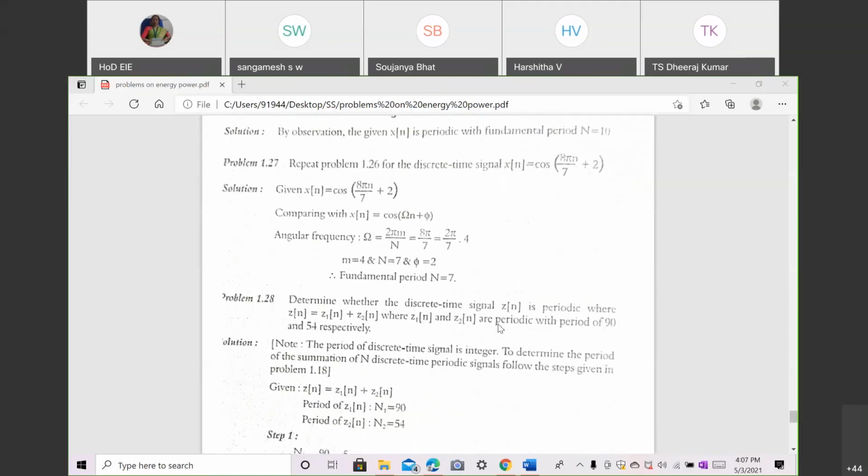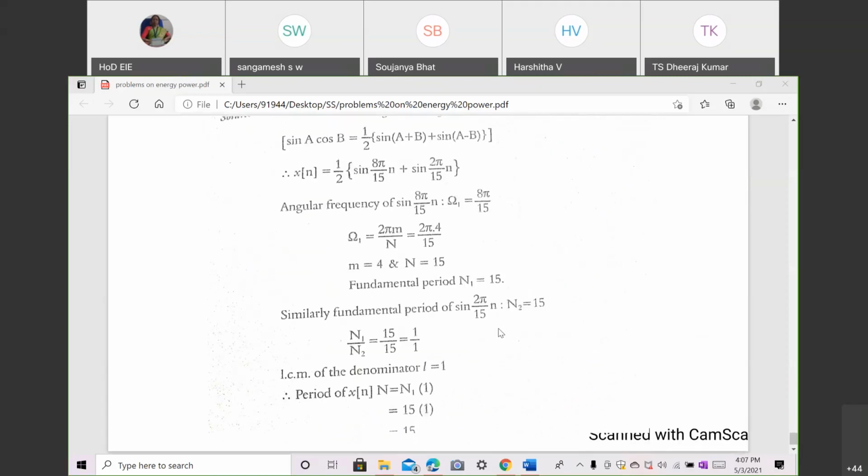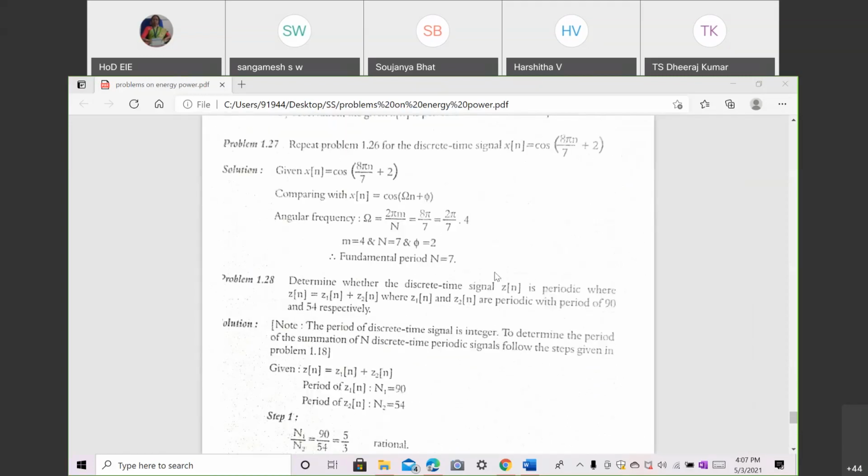Then next, two more columns are there. Here we have to find the period. Given x of n equals cos of 8 pi n by 7 plus 2.